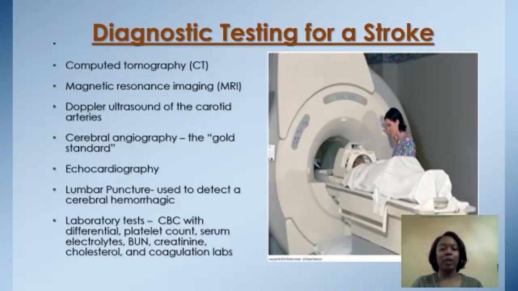And there's a slew of labs that will go along with this diagnostic testing. Mainly, they are testing for clotting factors. They're also testing for any heart disease or hyperlipidemia, as well as electrolyte imbalances and renal function.